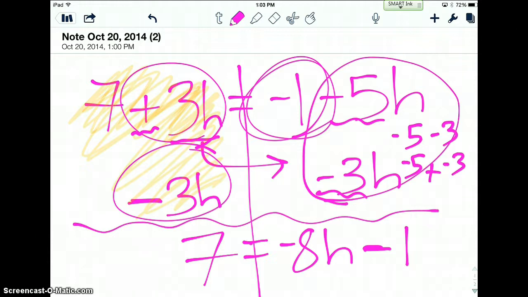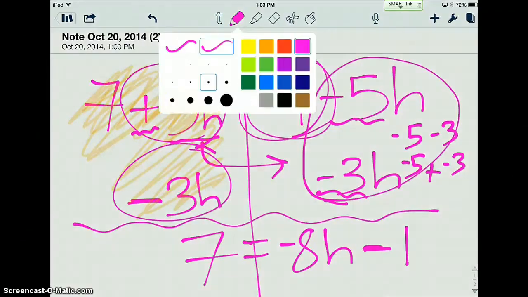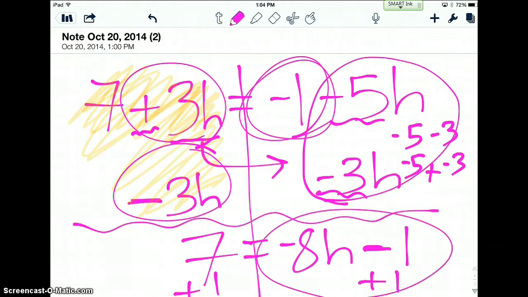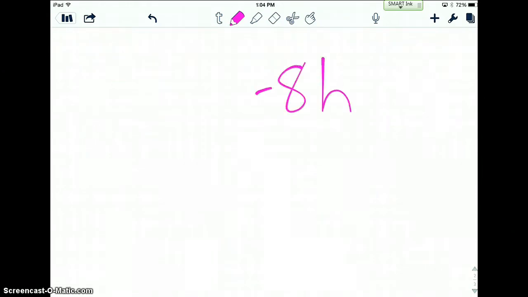And I know you guys know how to do that. But let me show you, and I'm going to start this problem again, if you decided to bring the 5h to the other side instead of the 3h. And now you might be like, well, I want to finish and solve it. Okay, let's finish and solve it first then. So to solve this, I need to get rid of the -1. So I would add 1. And now if I simplify this side, I'm at -8h.